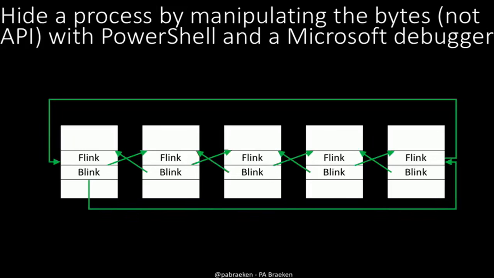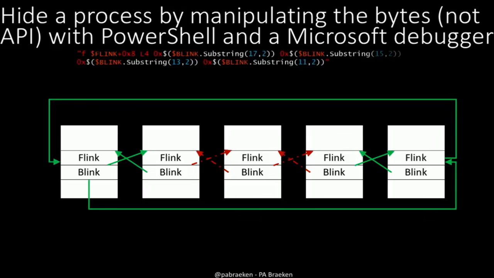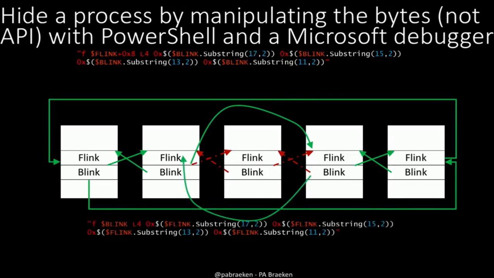So the goal is to hide a process in the correct list in the kernel. If you want to do that, you have to break this link, and then it's the bytes that you write to do that, and you need to create new links from the previous and next process.